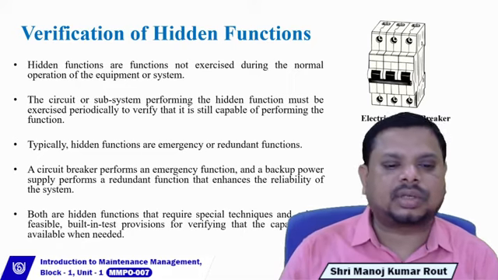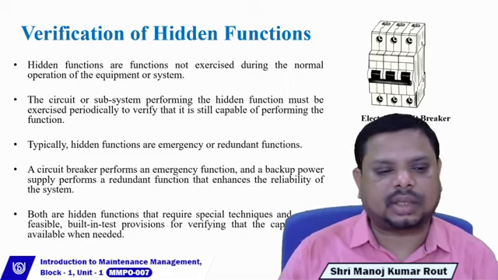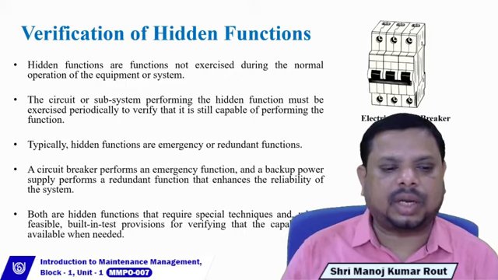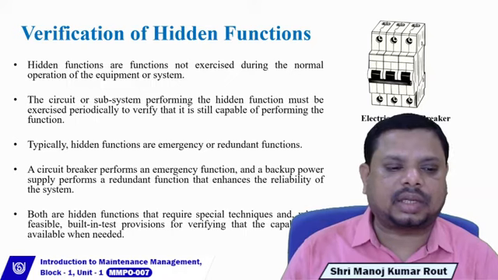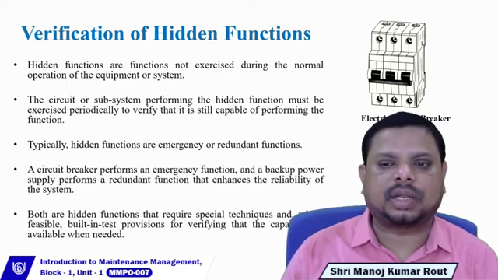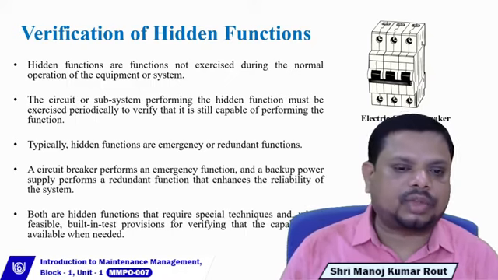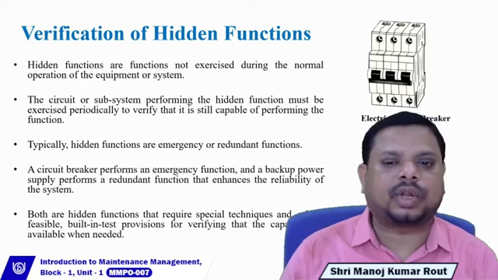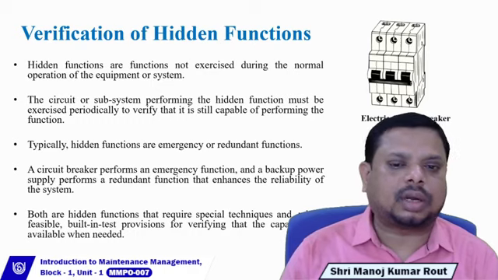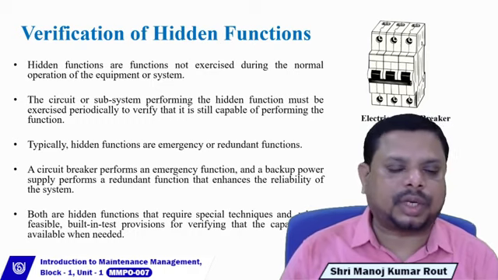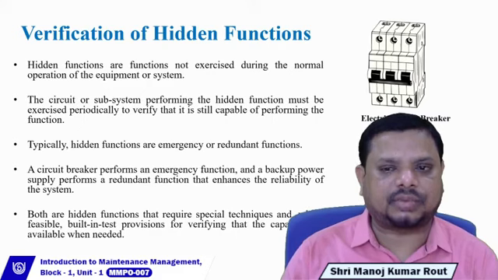Both hidden functions require special techniques, and where feasible, built-in test provisions verify that the capability is available when needed. These are written in the standard operating procedure manuals provided when you join an organization, especially with reference to maintenance management.